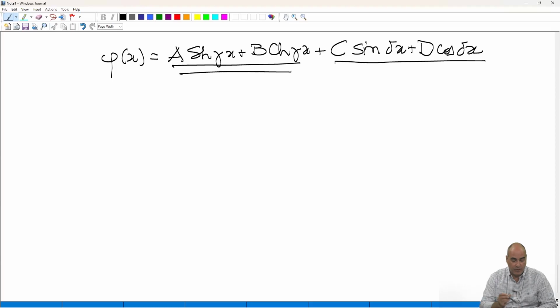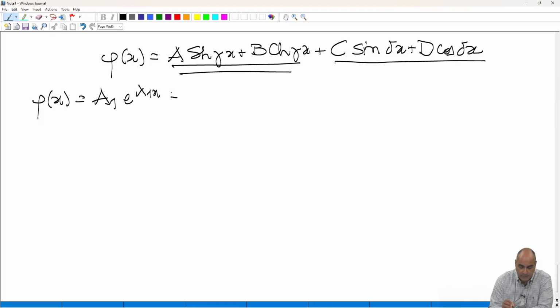And how do we get from x equal to A1 e^(lambda 1 x) plus and so on, to this? Well, simply the fact that the hyperbolic sinus of gamma x is this.